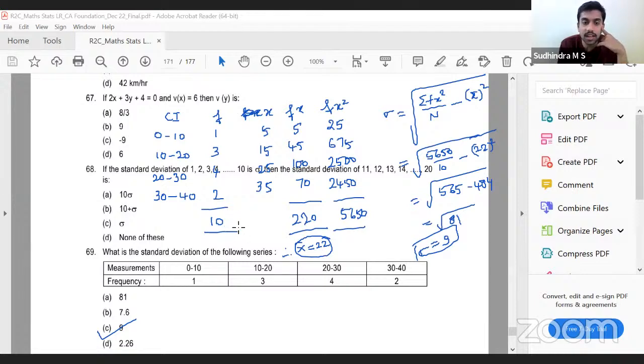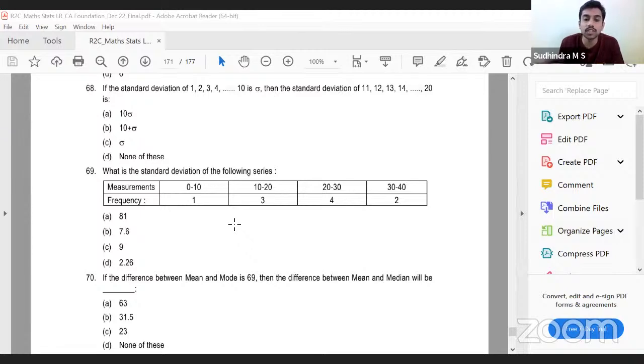Question number 70. If the difference between mean and mode is 69, what is the difference between mean and median? 23.